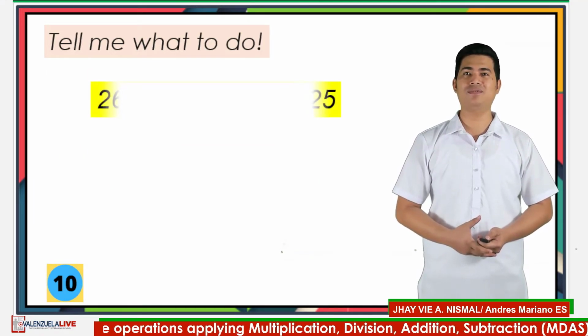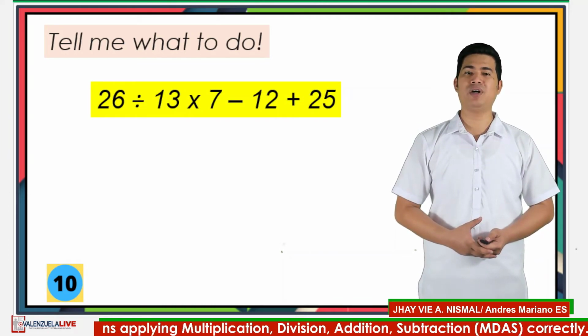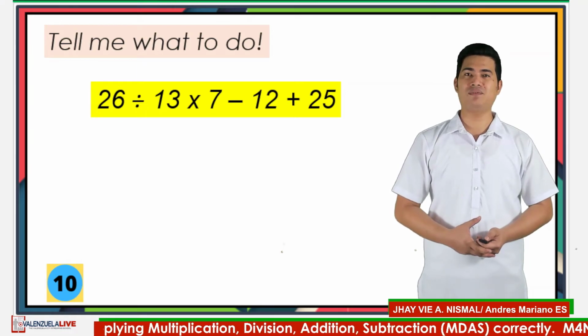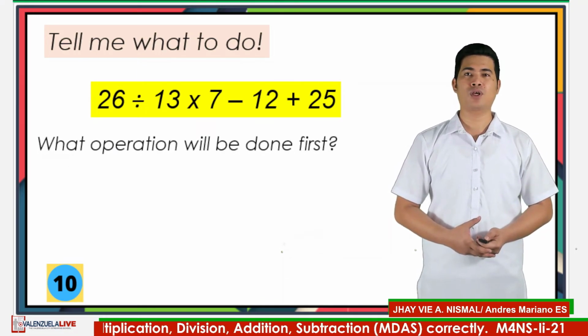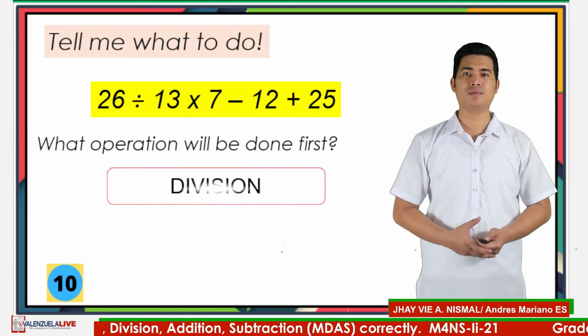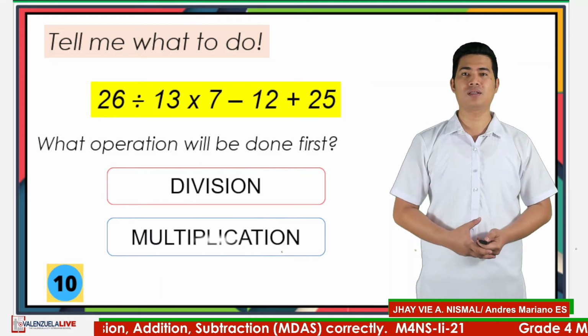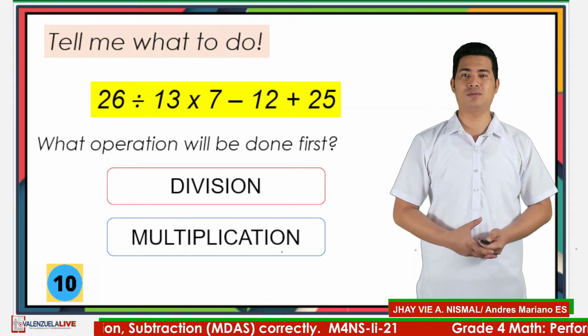Lastly, we have 26 divided by 13 times 7 minus 12 plus 25. What operation will be done first? Is it division or multiplication? Your timer starts now.